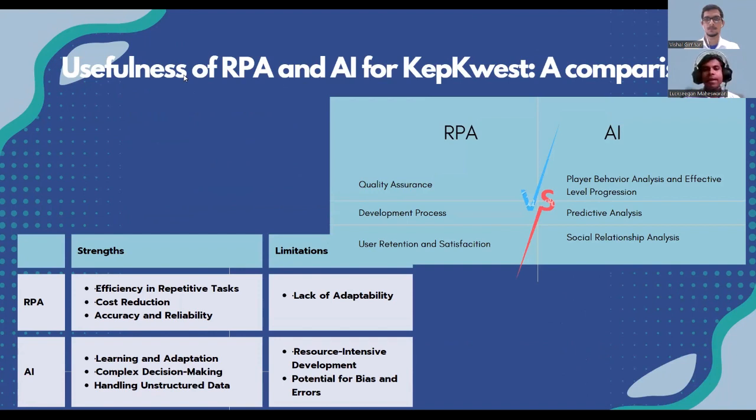While AI is a broader concept, which nowadays factories and machinery use to handle complex tasks, cut cost, and enhance product. So now we have followed an approach to compare RPA and AI in a way that shows which area that we have defined earlier would benefit from RPA or AI, and what kind of strengths and limitations we can find out.